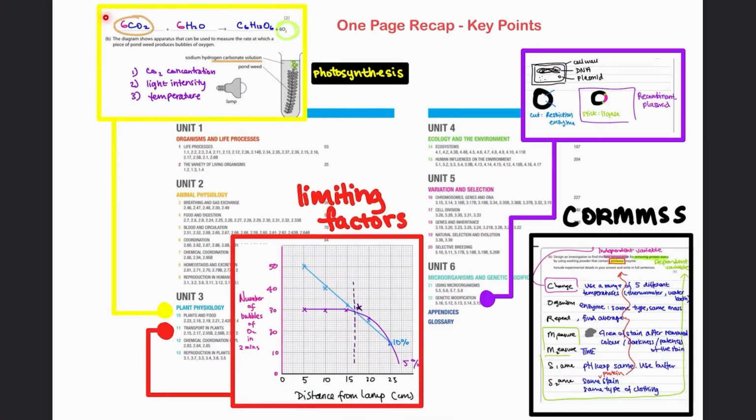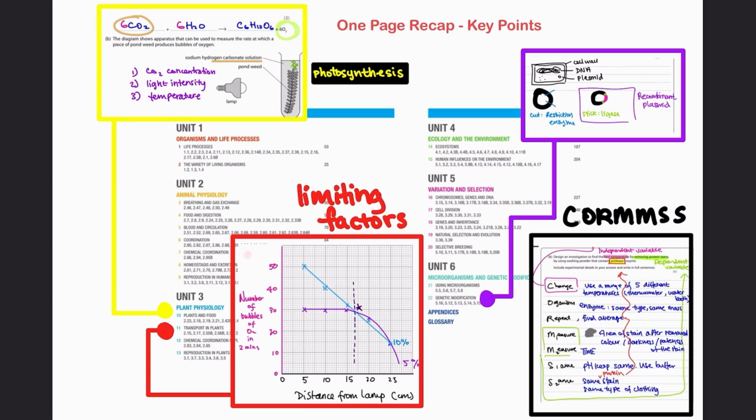So yellow box, this is the balanced equation for photosynthesis. Please memorize that. It's got a big 6 in front of everyone except for the glucose, and glucose is C6H12O6. And once you've memorized this, the good news is the balanced equation for respiration is just the other way around. So you only need to memorize one of them. The 3 purple things here are the factors that affect the rate of photosynthesis: CO2 concentration, light intensity, and temperature.